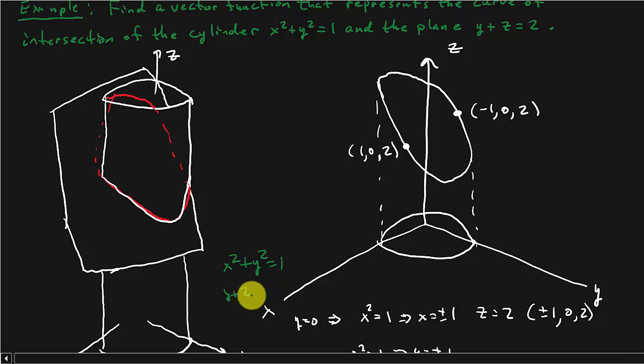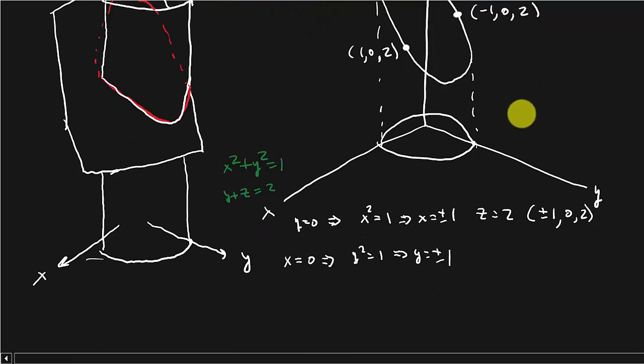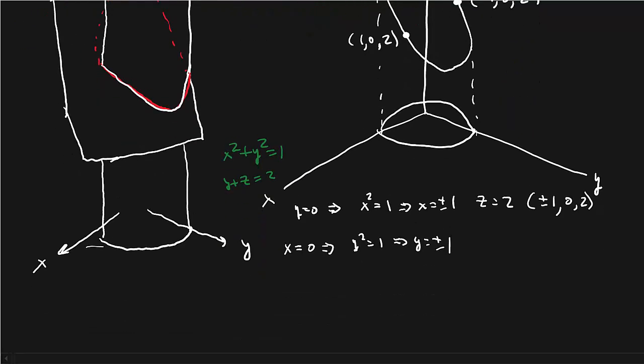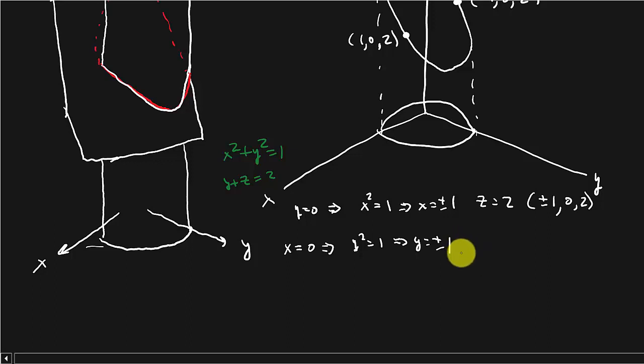I've got x squared plus y squared equals 1, and y plus z equals 2, just so we can see them. All right, so when y is 1, that's 1 plus z equals 2, so z is equal to 1. And then y is negative 1, plus z equals 2, so z equals 3.